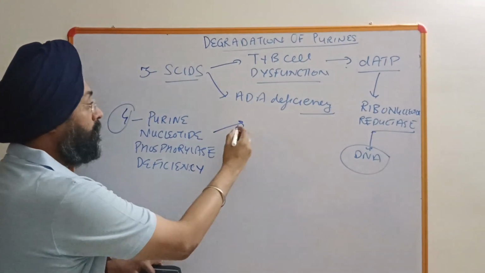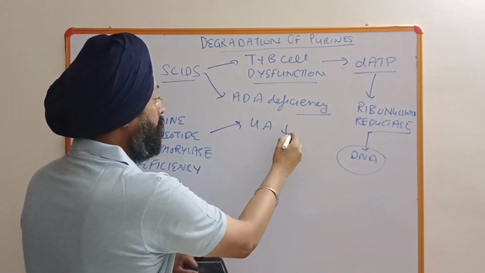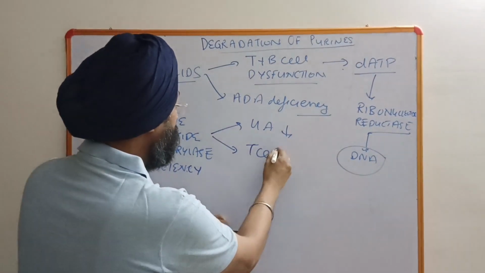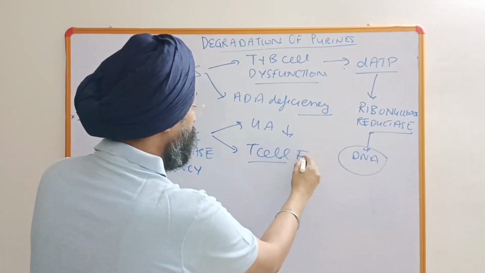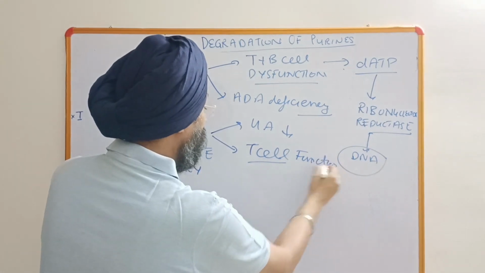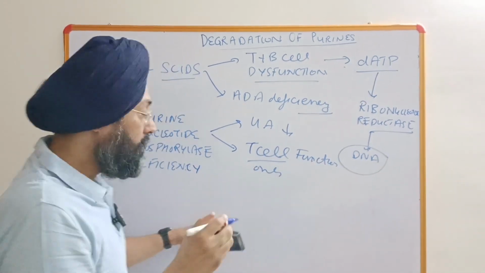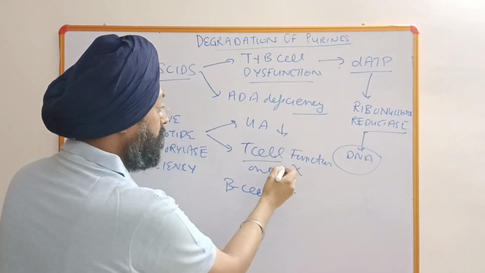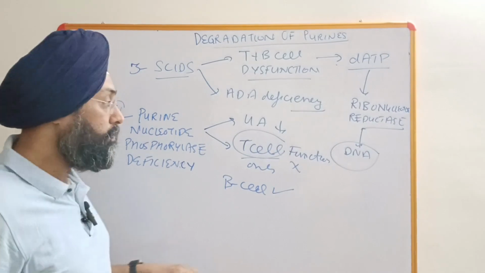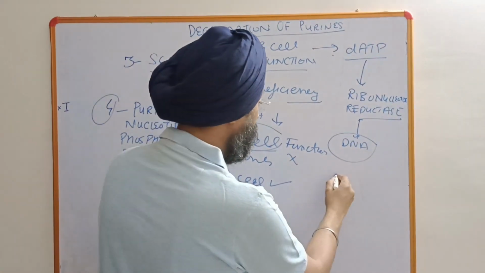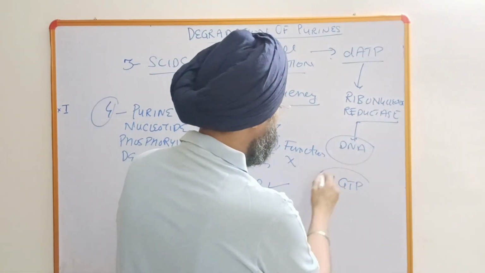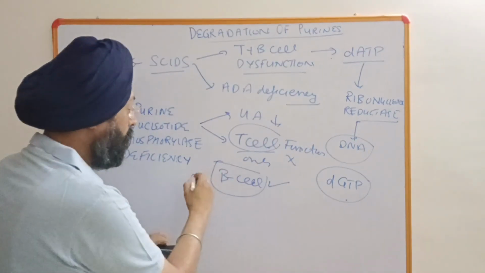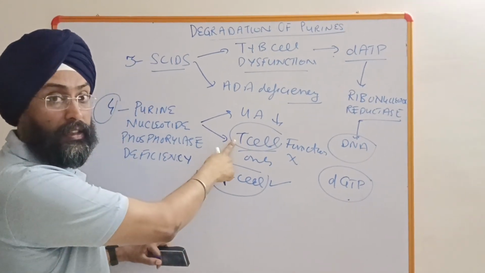In this disorder, the levels of uric acid are less, and there is defect in T cell function only. The B cell function is normal, but only there is defect in T cell function because there is accumulation of deoxy GTP, but the B cell function goes on normal. There is only defect in T cell function.